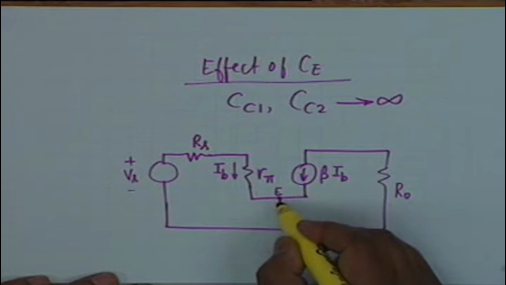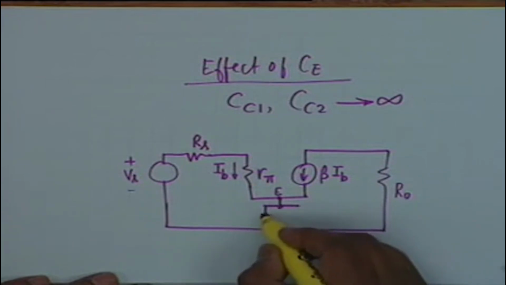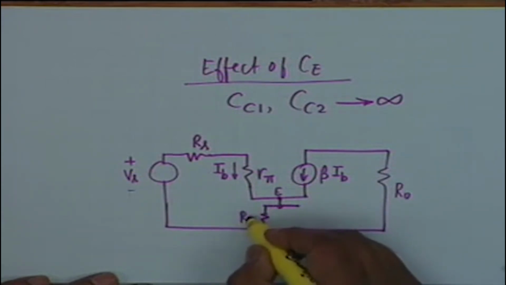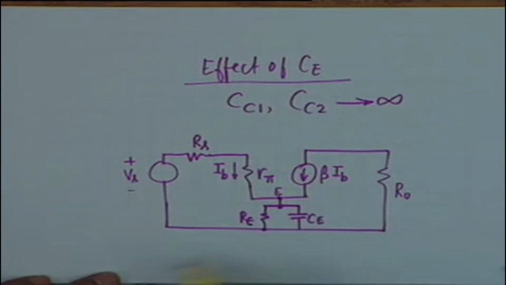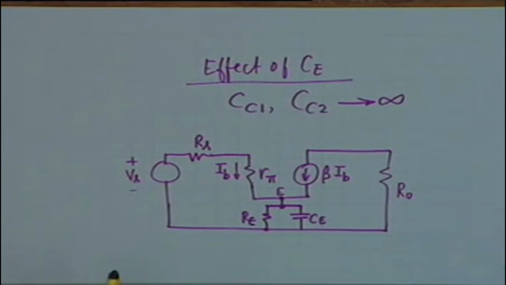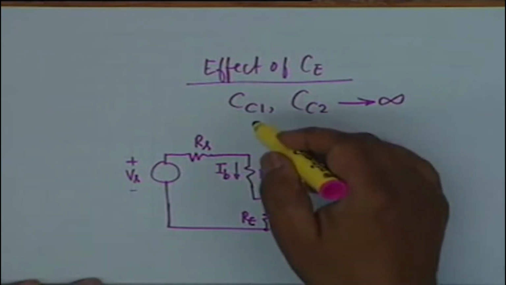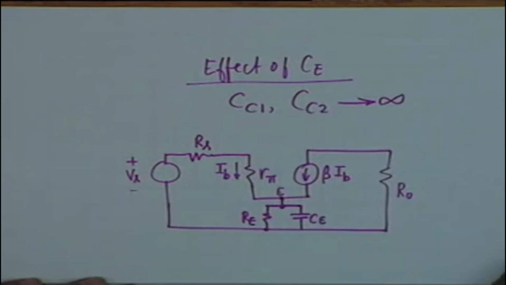From E we shall have a parallel combination of Re and Ce. It is the effect of Ce that we wish to consider. We have already assumed that CC1 and CC2 go to infinity.